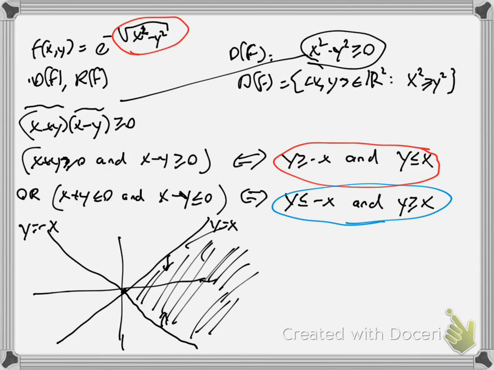We already have y equals x and y equals minus x. So y is bigger or equal than x, so I'm above this one, and I'm less or equal than minus x, so I'm below that one, right? And then we see that the blue part can be shaded like this.